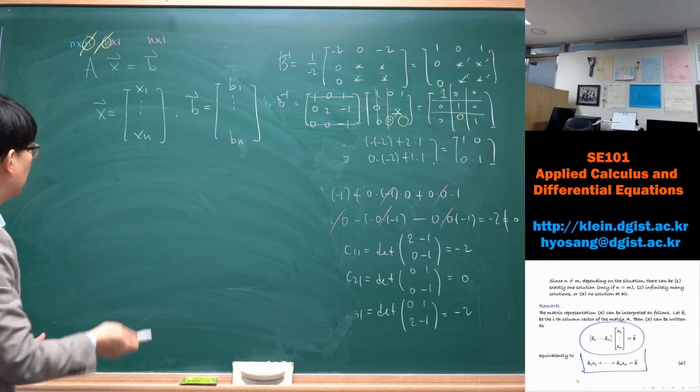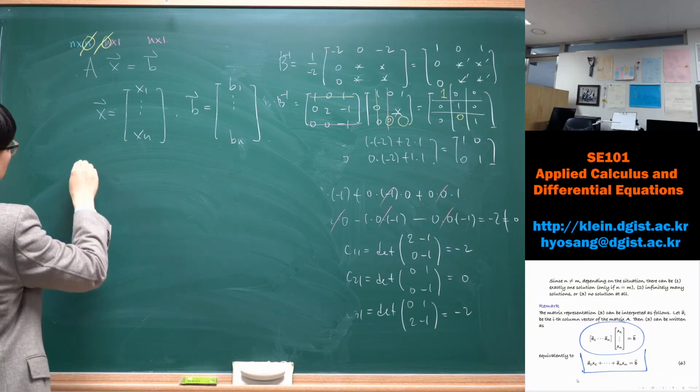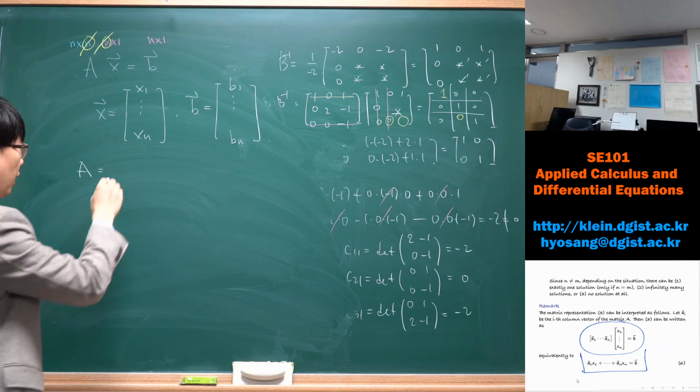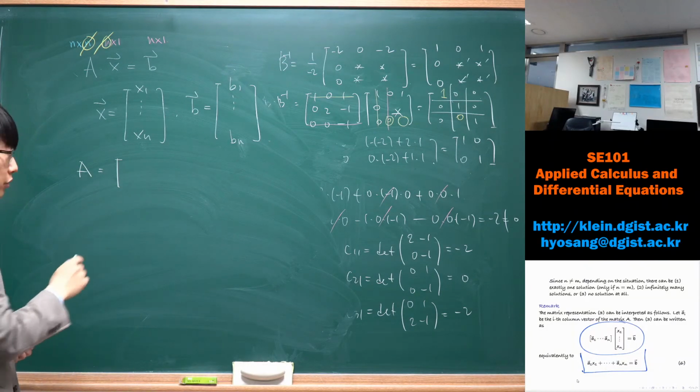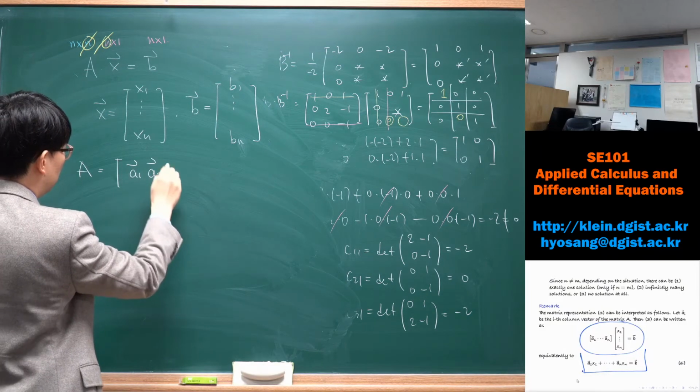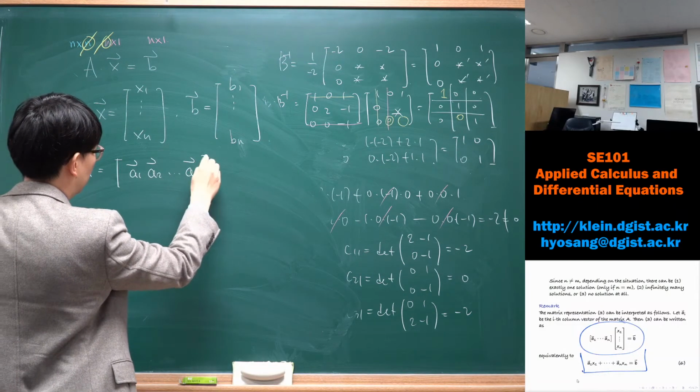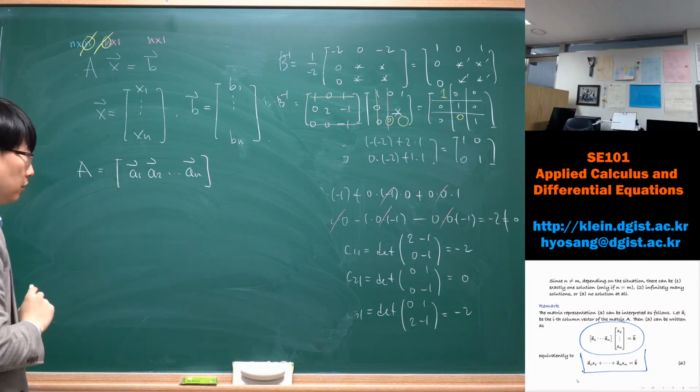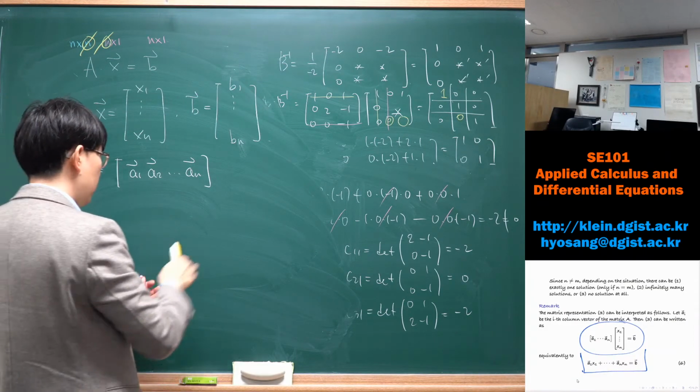Now I can express the columns of matrix A as A1, A2, until AN, which means that this is an n by n matrix.